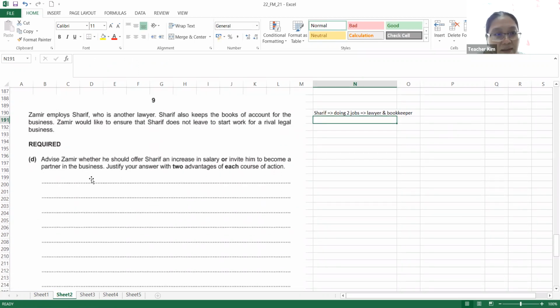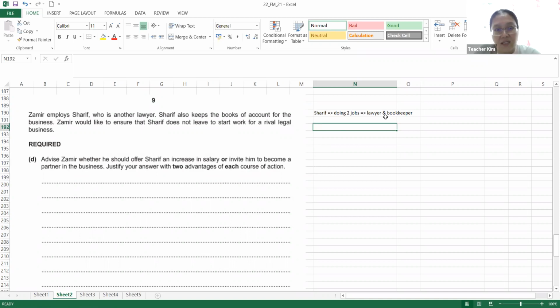So advise Zamir whether he should offer Sharif an increase in salary or invite him to become a partner in the business. Justify your answer with 2 advantages of each.